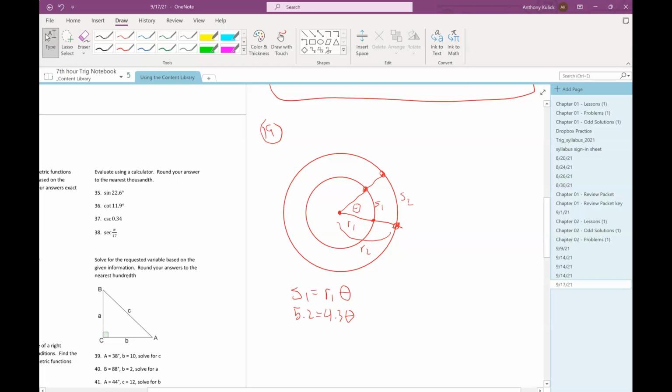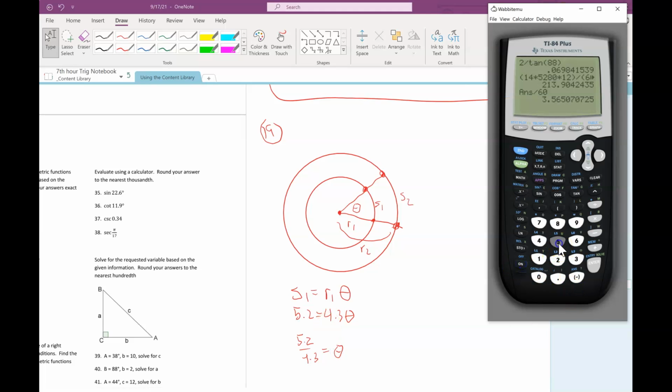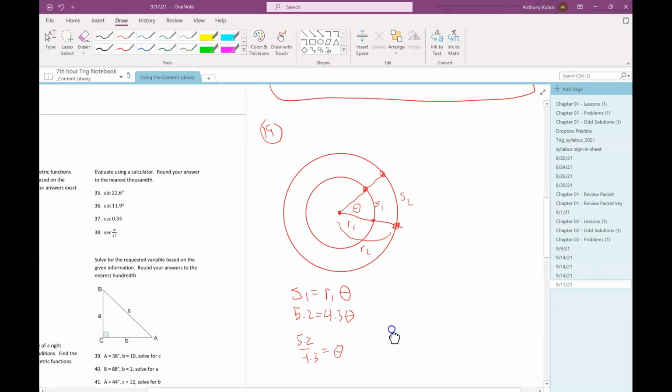Just keep in mind you'll be getting an answer in radians if you're using the formula I'm using, versus degrees if you use the other version. I'm going to use the radian one. We're not looking for the angle, so it doesn't really matter what unit you use because it doesn't ask for a specific unit. So I'll just divide both sides by 4.3. So 5.2 divided by 4.3 is going to be 1.209.